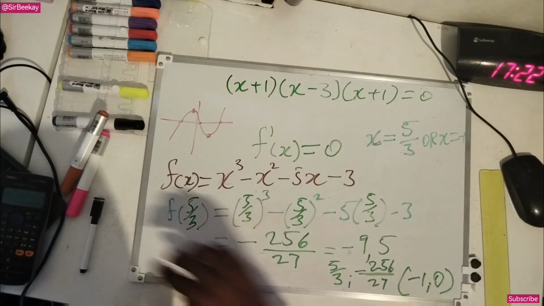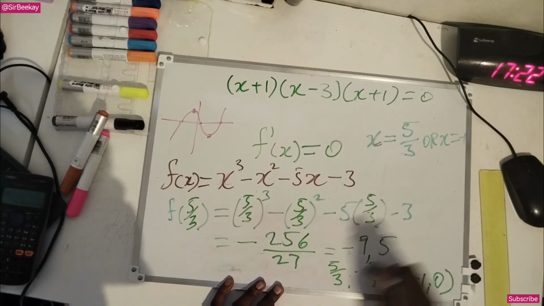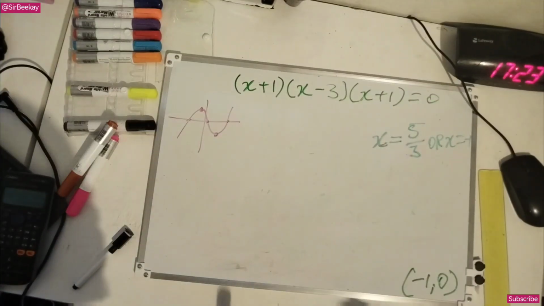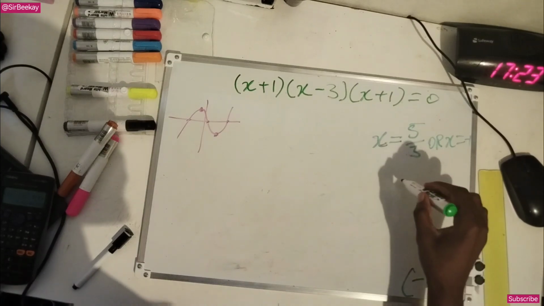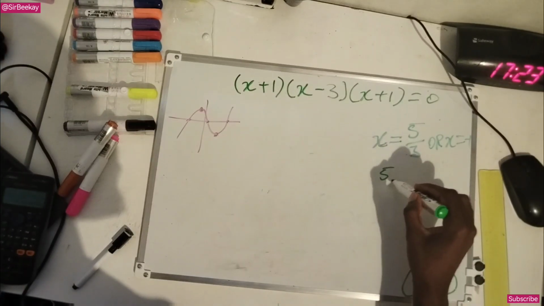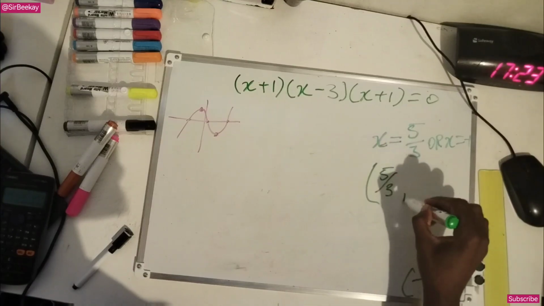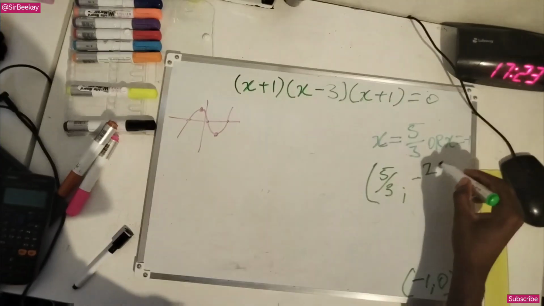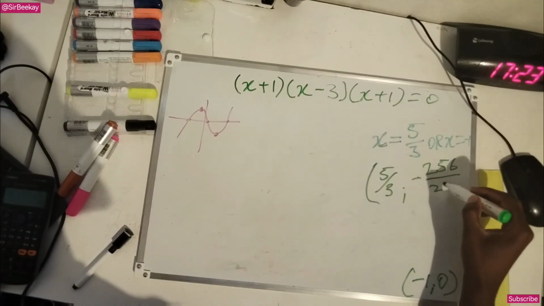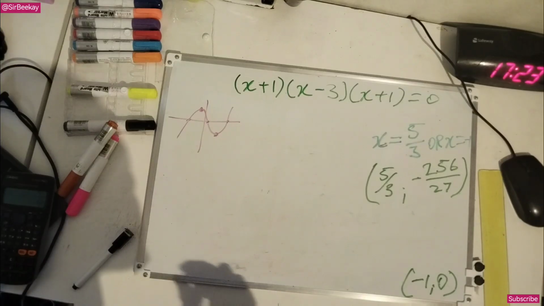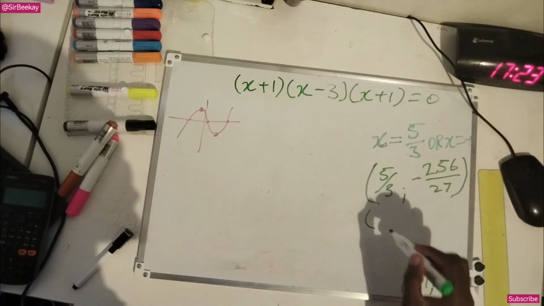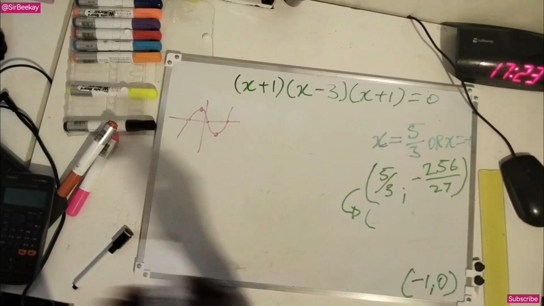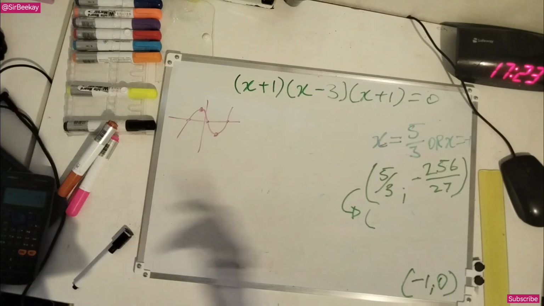Let me try and erase all of this. 5 all over 3, minus 256 all over 27, which is similar to, I'm just going to write this in decimals so that you can simply understand what the exact numbers are that we are talking about over here.